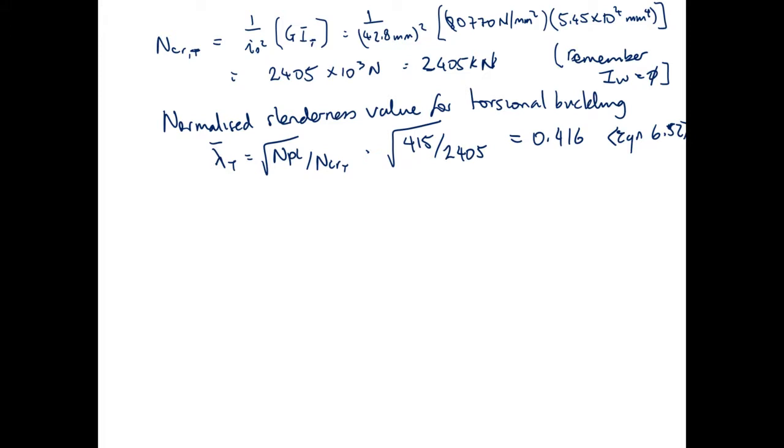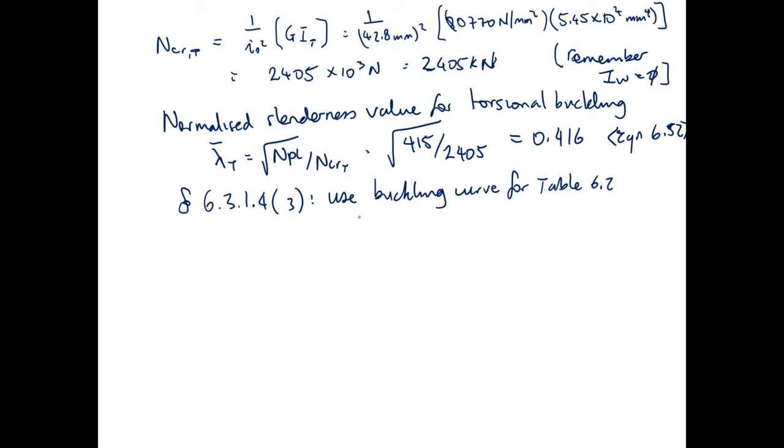Okay, and then if you go to clause 6.3.1.4 part 3, it's going to tell us to use the buckling curve from table 6.2 appropriate for the ZZ axis.